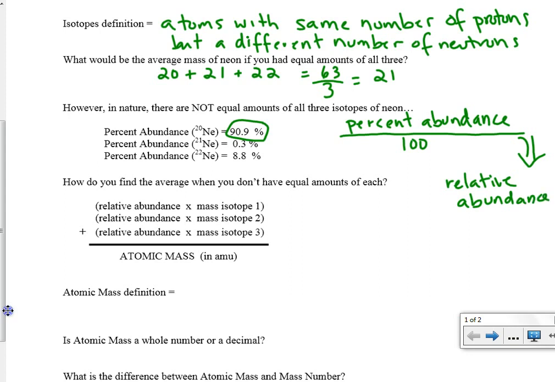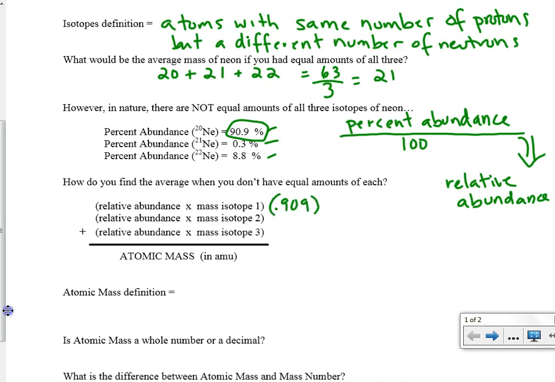For each of these 3 percentages, we convert them into decimal form by dividing by 100, and multiply them by the mass of each isotope. So for example, 90.9 becomes 0.909.